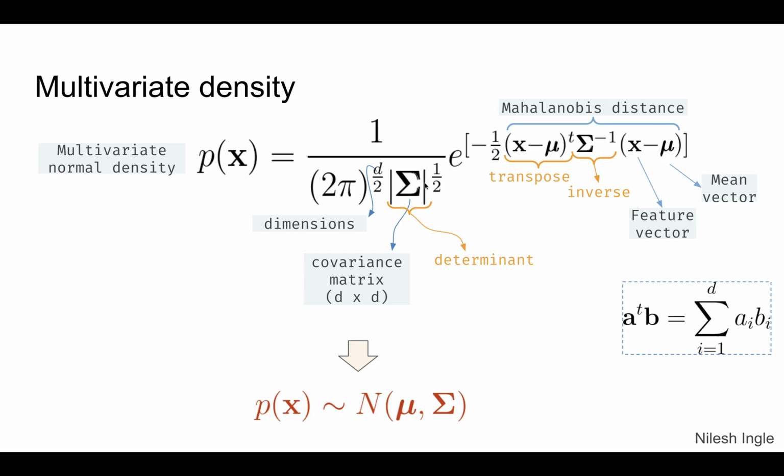These straight lines surrounding the sigma value say that it's a determinant. And then up here on the right hand side, in the exponential term, we have this long term which is the Mahalanobis distance, and we'll explain that in one of the future slides.